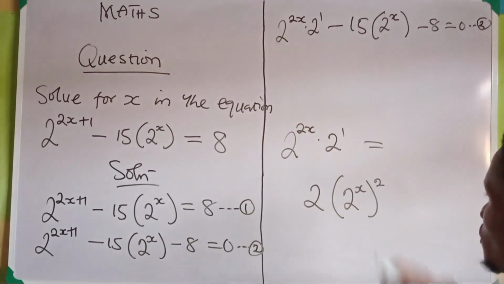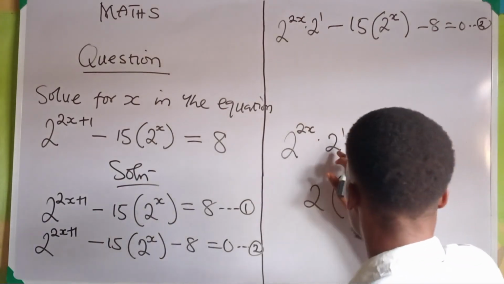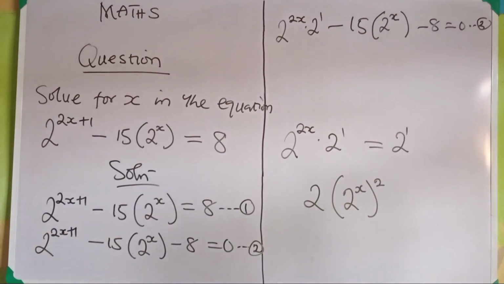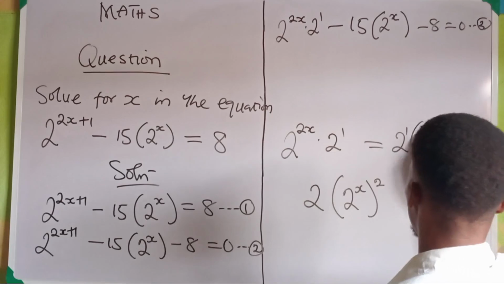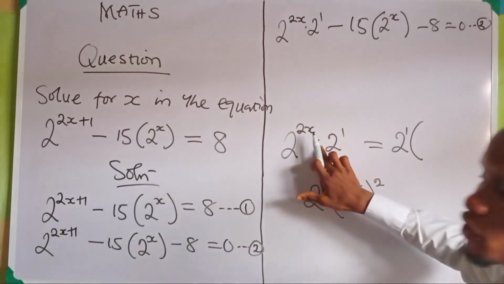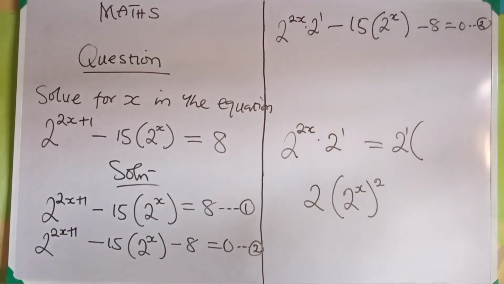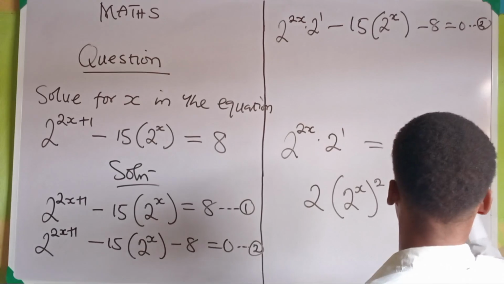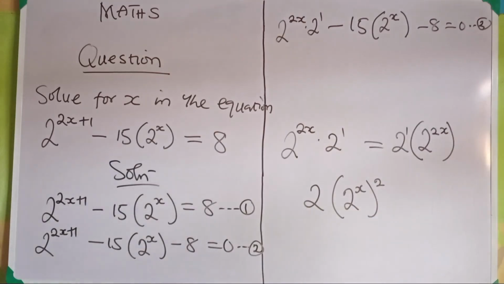Know that 2 raised to the power 1 is the same as 2. Any number raised to the power 1 is the same as the number. So let's use bracket in place of this multiplication. Either you multiply or you use bracket, you see the same thing. So we have 2 raised to the power 2x. Can you see it now?